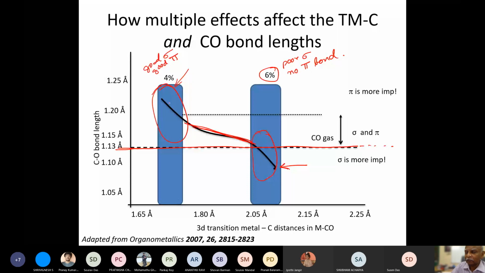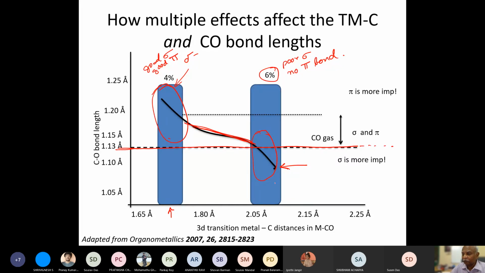So that is why the 4% of the complexes, where probably there is a delta negative charge on the metal, you have very short metal carbon bond distances, and you also have very long carbon oxygen bond lengths. So the increase in the CO bond length is much greater at this end.